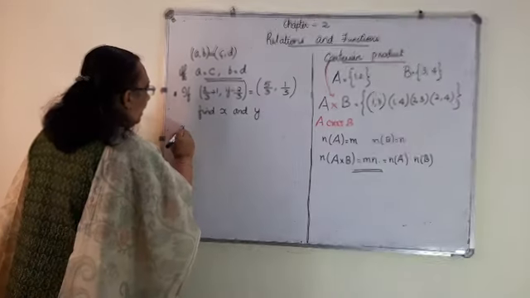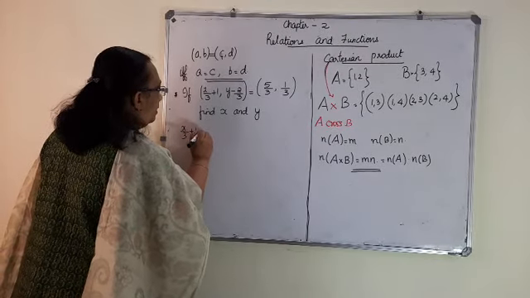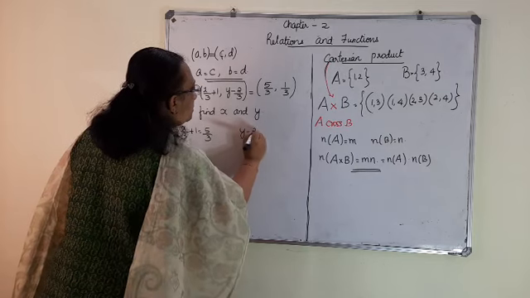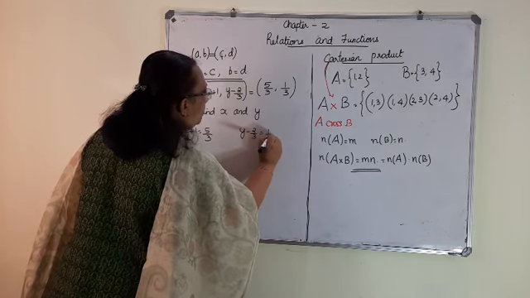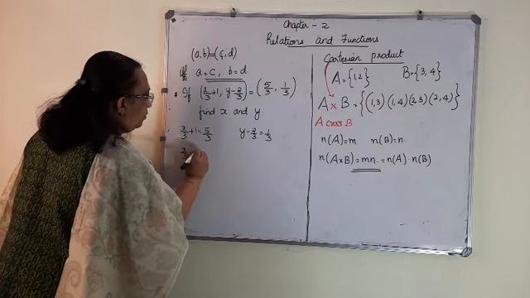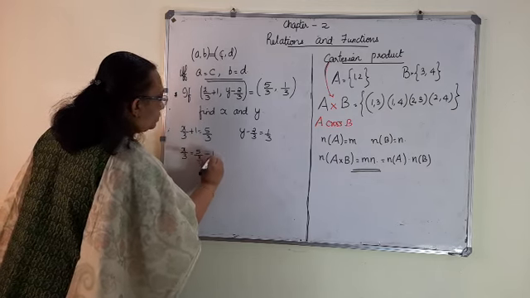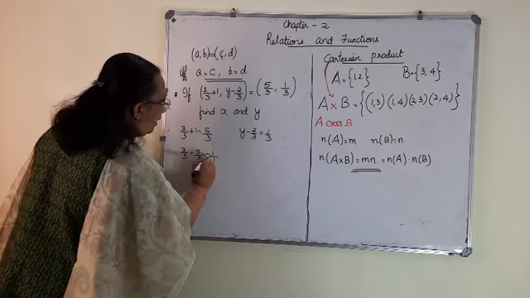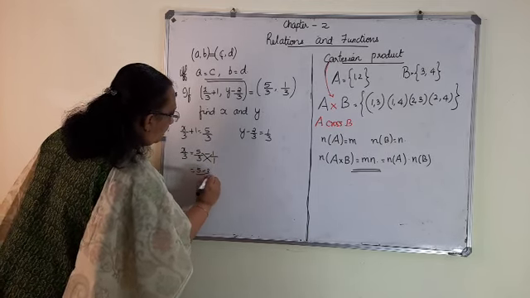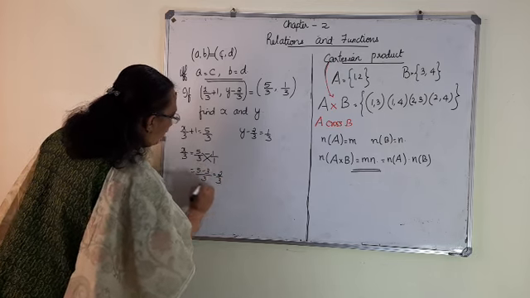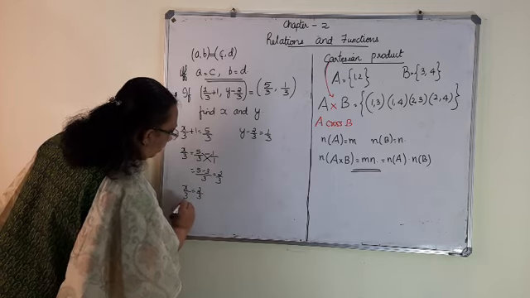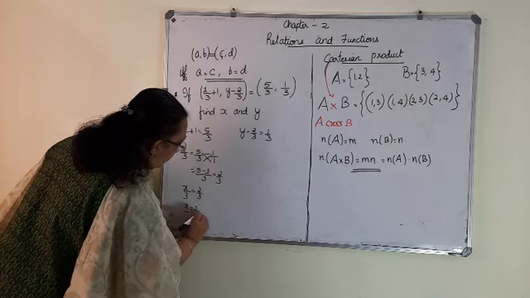What do you get? x/3 + 1 is equal to 5/3. Also, y - 2/3 is equal to 1/3. x/3 is equal to 5/3 minus 1. Cross multiplying, that is equal to (5 - 3)/3, which is equal to 2/3. x/3 is equal to 2/3, or x is equal to 2.